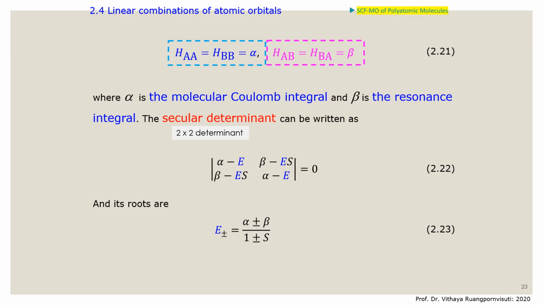Alpha and beta are the Coulomb integral and the resonance integral, respectively. The 2 times 2 secular determinant can therefore be written as equation 2.22.